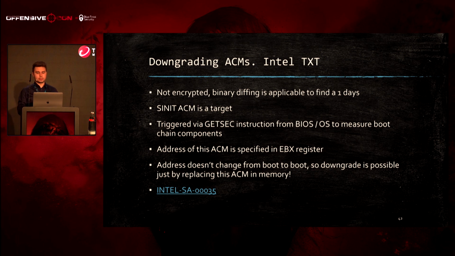And now about the Intel Trusted Execution Technology ACM. The TXT ACM is the target here. It is not encrypted. The patched vulnerabilities can also be found via binary diffing. This ACM is triggered via the GETSEC instruction from the BIOS or operating system to measure boot chain components.